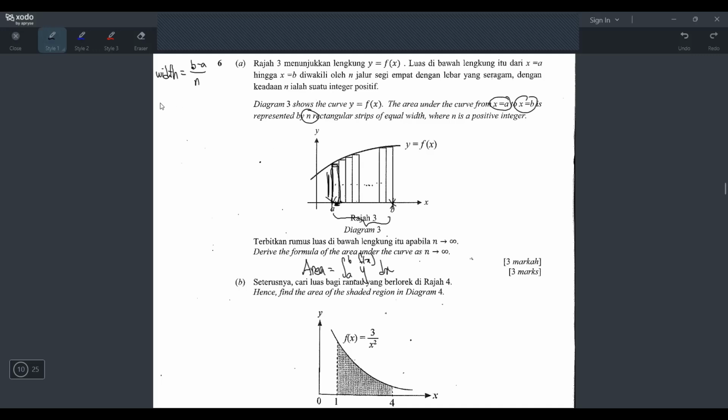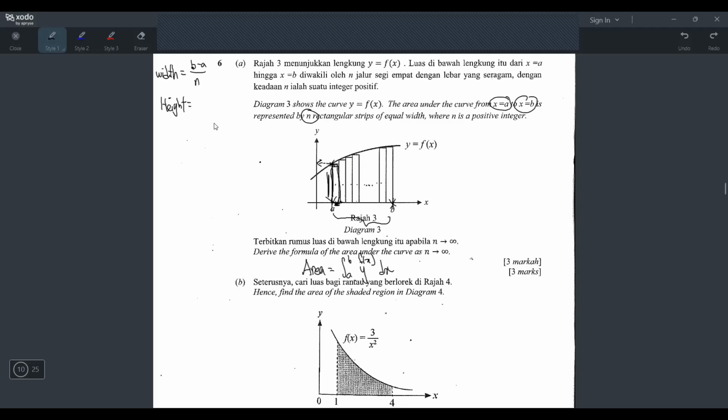So now, what will be the height? What would be the height of the first rectangle? It will be the y coordinate, right? Because if I want the height, I will refer to the y coordinate here. But how do I know the y coordinate? Well, if we have the equation of the curve, we can just refer to the y coordinate.